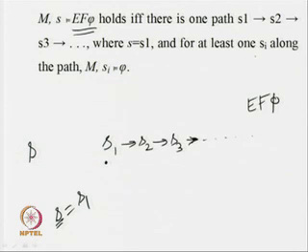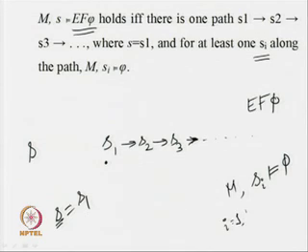And for at least one Si, we look for an Si where M, Si models phi. But in these Si we are not excluding the first one. So i can vary over 1, 2, 3, all possible values, because we are not excluding S1 here.